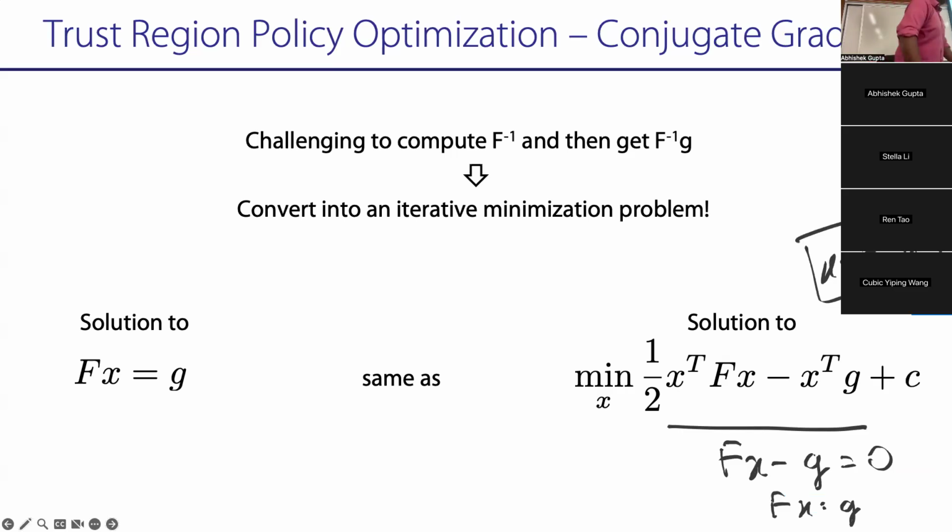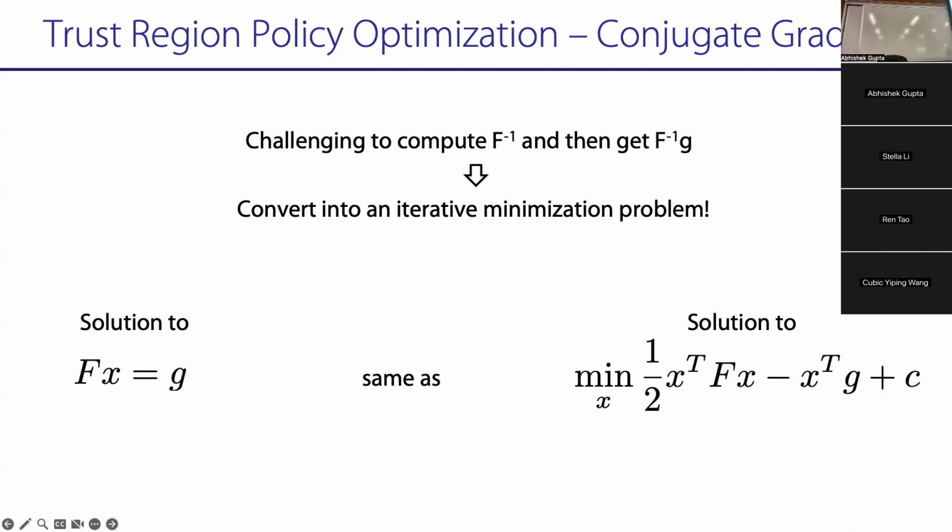So if you have a quadratic function and you take the minimum with respect to x, the solution will be F inverse g. Now you've converted it from something that has to analytically compute the inverse of F to something that just solves a quadratic minimization problem.